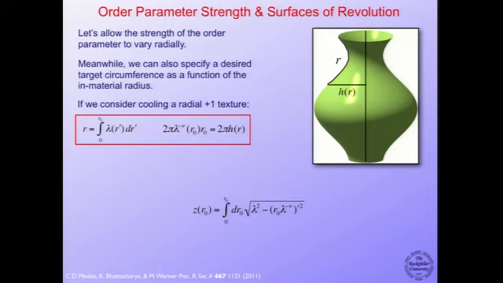So this in-material distance from the defect to where you end up must just be the integral over the order parameter change, the strength of the cross-linking, just radially.